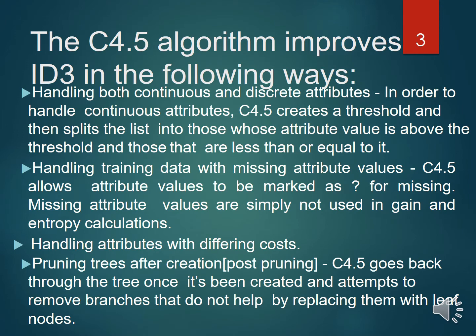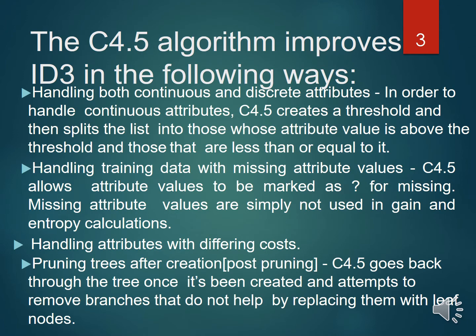Next, the C4.5 algorithm handles attributes with different costs. Pruning is also available in the C4.5 algorithm. Pruning means you are removing the unwanted portion of the tree. It is basically used for avoiding overfitting. You have already studied in machine learning that there are two types of pruning: one is post pruning, another one is pre pruning.